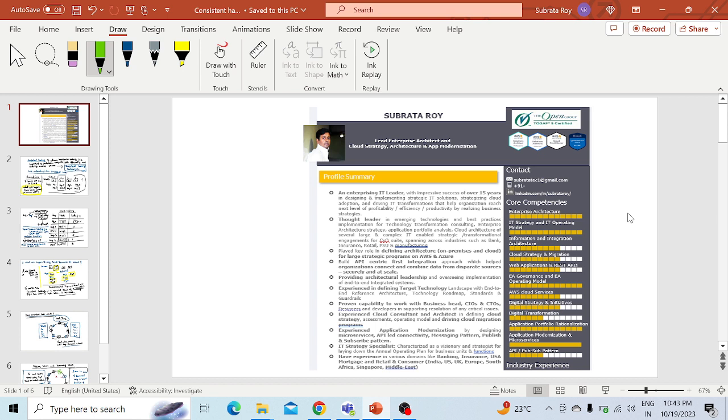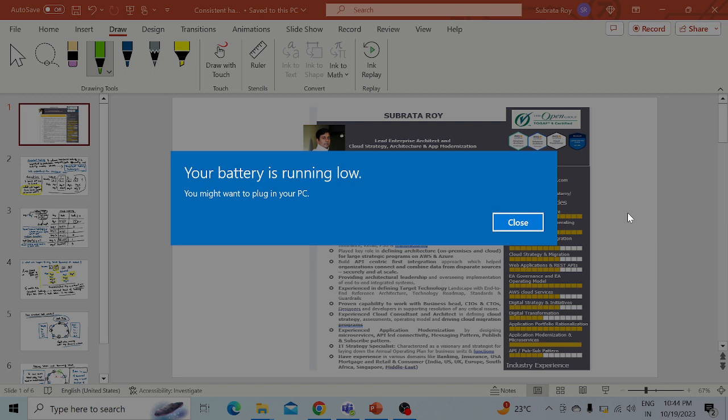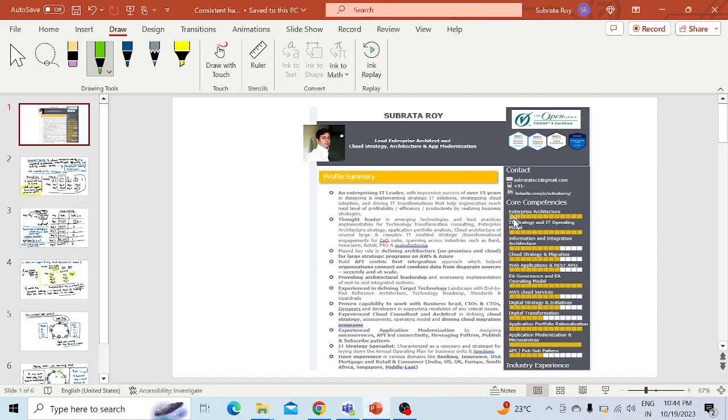I have worked majorly in banking, insurance, mortgage, and some manufacturing as well as retail. I'm also a thought leader in emerging technologies and best practice implementation for technology transformation, consulting, and enterprise architecture, which is one of my very favorite things.